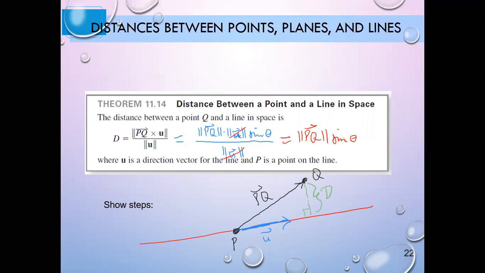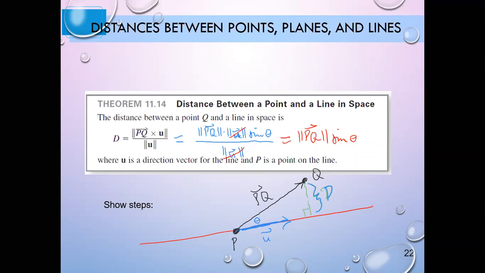Now you tell me, if I call this angle right here theta, between U and PQ, and I want this distance over here, that's the opposite side. So what trig function would I use? Sine.